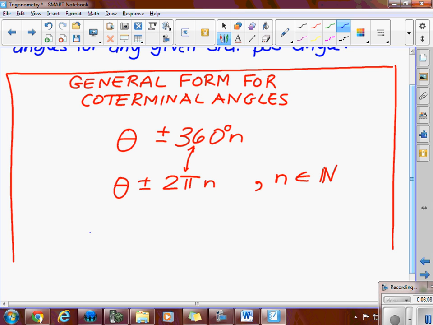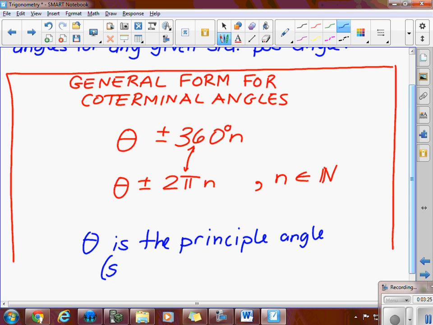The other thing we need to know is that angle theta has to be the principal angle. The principal angle, that's kind of a new term for us, but it basically means it's the smallest positive standard angle.